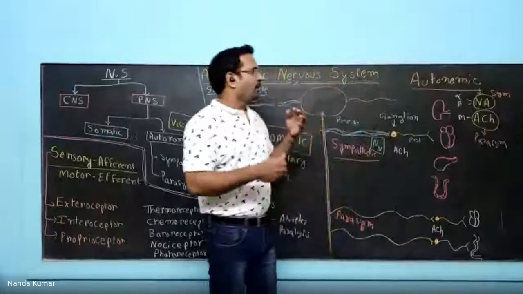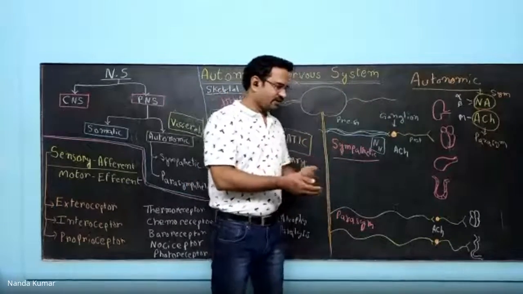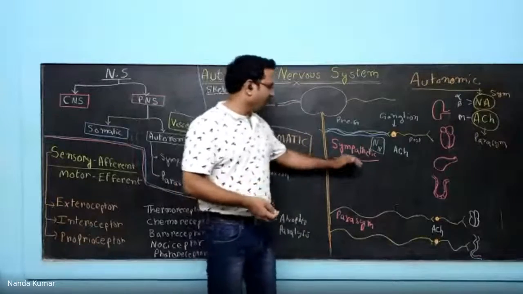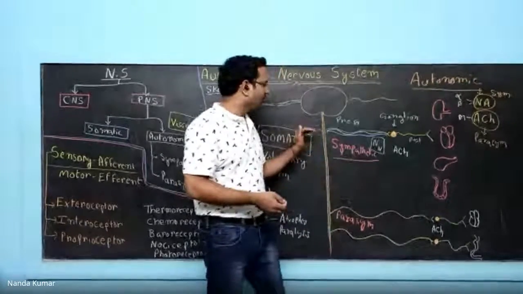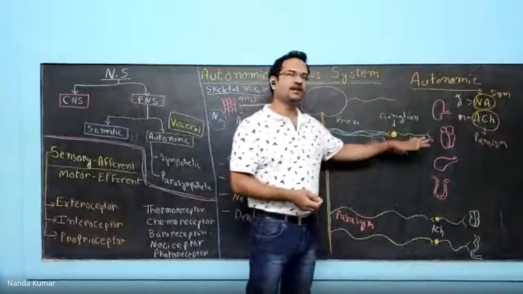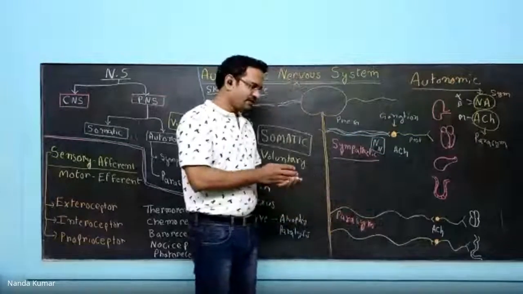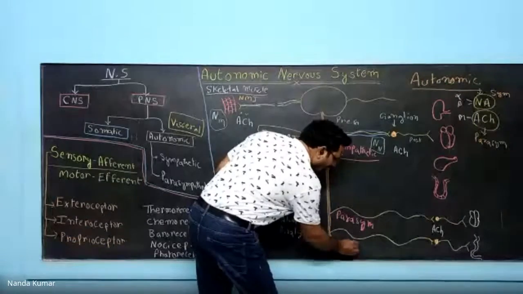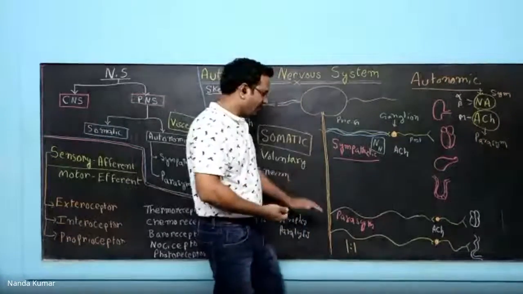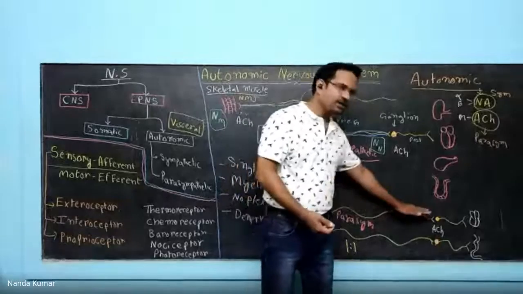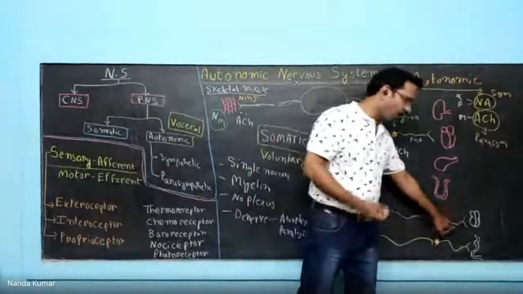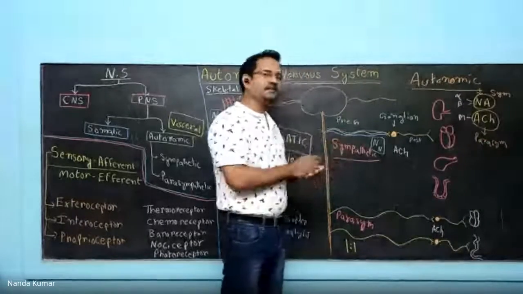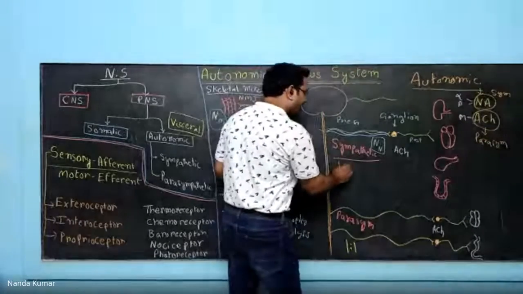Now another difference is in the preganglionic and postganglionic neurons. In the parasympathetic, the preganglionic to postganglionic neuron ratio is 1:1. That means one preganglionic neuron connects with one postganglionic neuron. In the sympathetic system, it is 1:20.